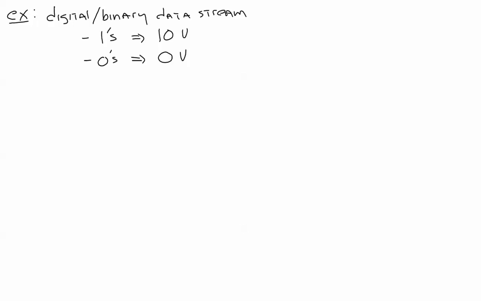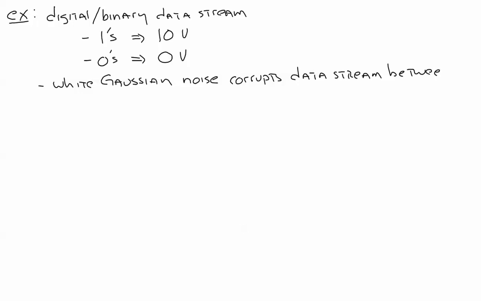We're going to assume that white Gaussian noise corrupts the data stream between the transmitter and the receiver.